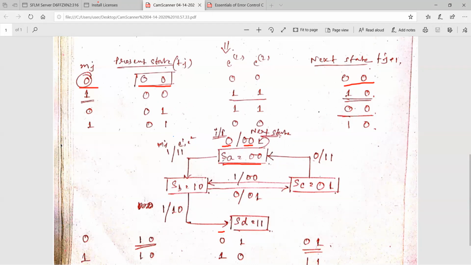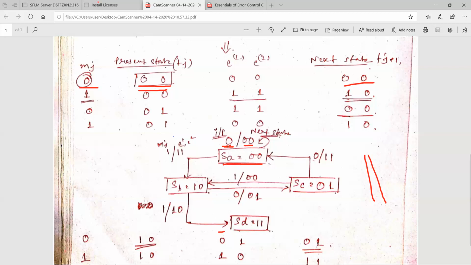Okay, and this SA equals to 0 is representing the present value. So when the next state will be 0 0, we are calculating in this table the next state. When I'm representing this first row in this diagram, this is the present state, this is the input, and this is the condition to generate the next state as 0 0.